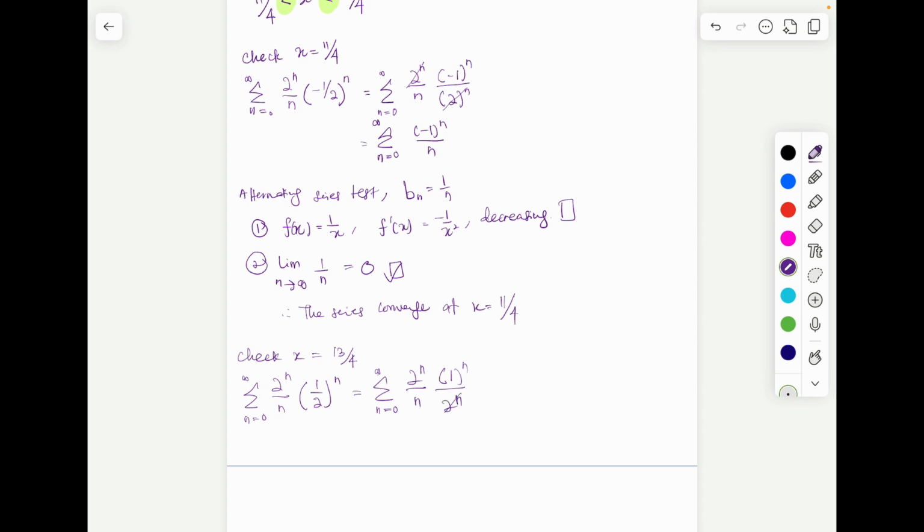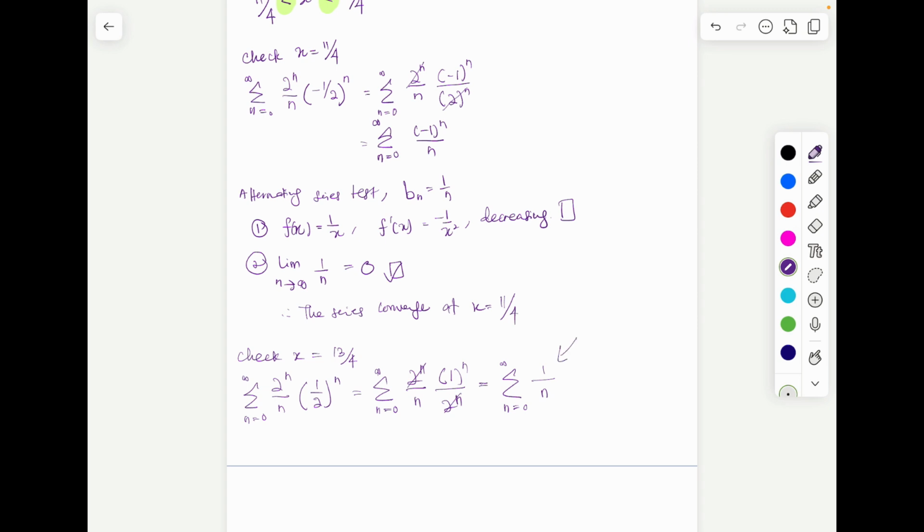Then you can cancel out this 2 to the power of n, and what's left is 1 to the power of n. 1 to the power of any number is always just 1, so you can write it as 1, and the denominator is n, as the 2 to the power of n has cancelled out. So you have this series.